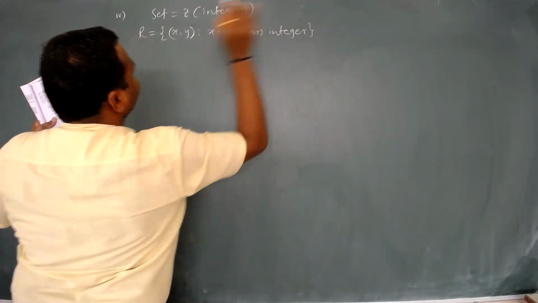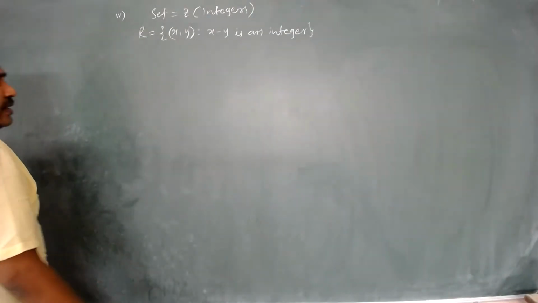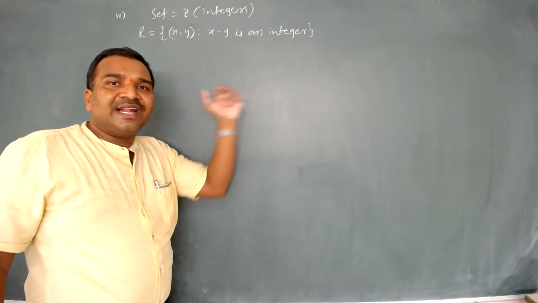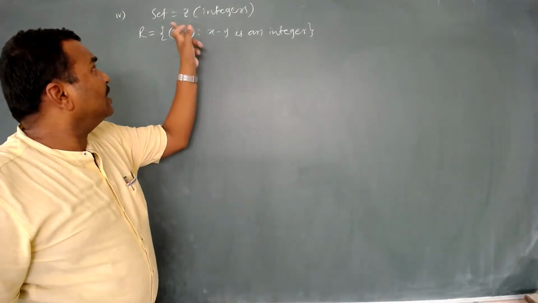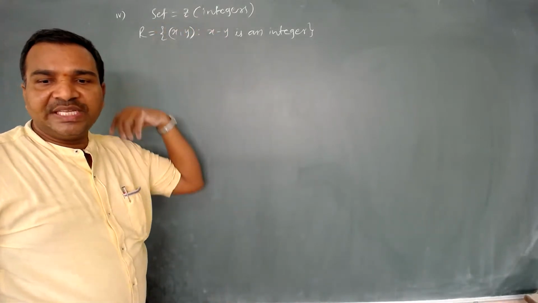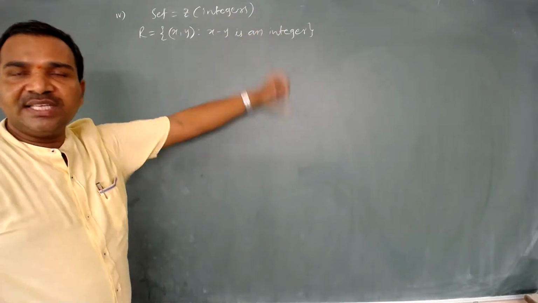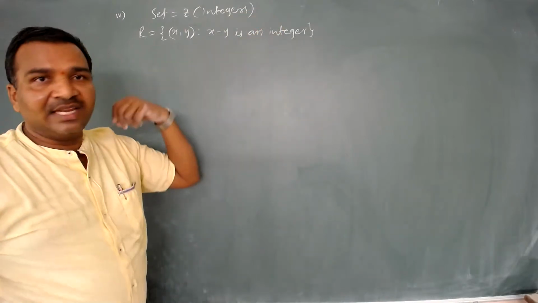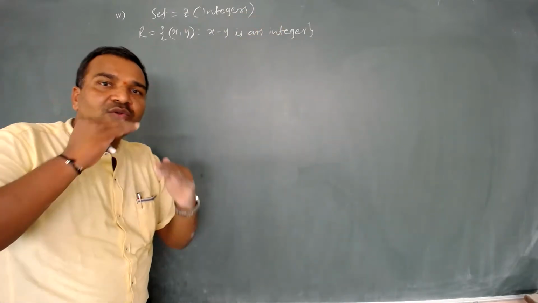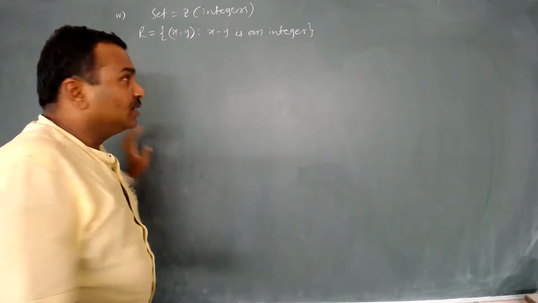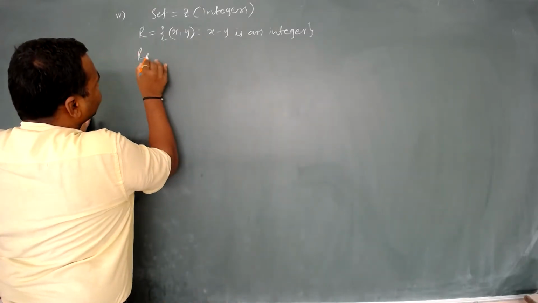In this case, we cannot write all the elements because Z is an infinite set. If it is an infinite set, we can't write all the elements. In this case, we have to follow the general method. So go for reflexive.